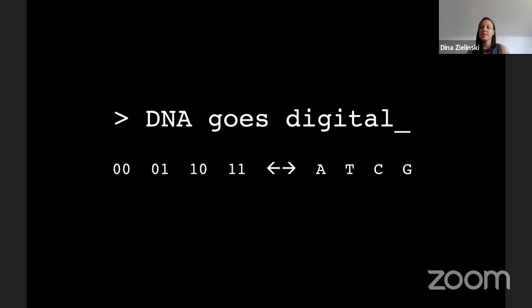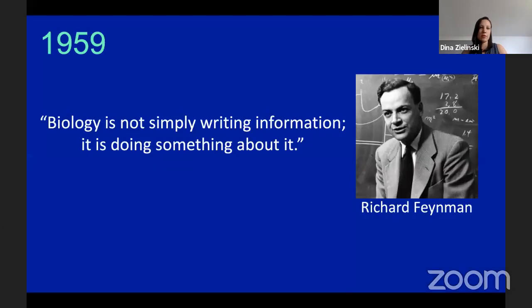So as I mentioned, DNA has sort of gone digital in the last 10 years. It's been around for billions of years, but it wasn't until really around 2010 that it started to become a viable solution. So I want to give you a rough timeline of the history of the idea of storing data in DNA.